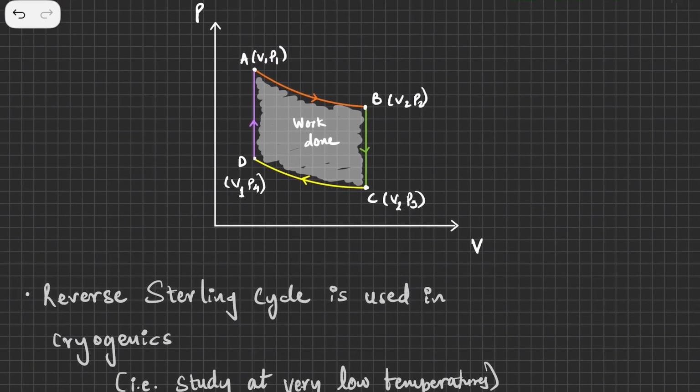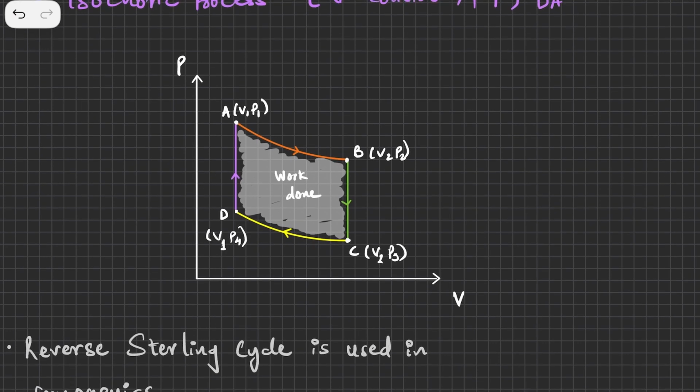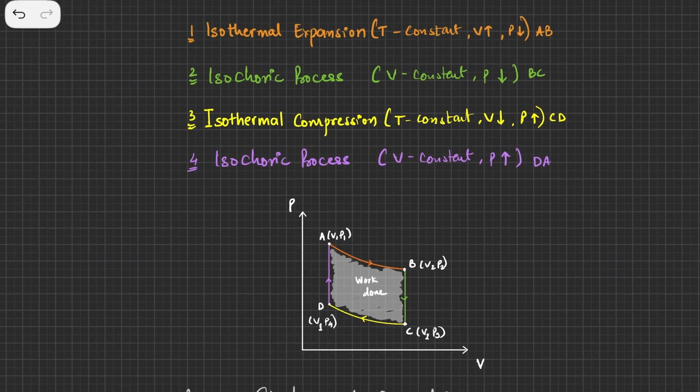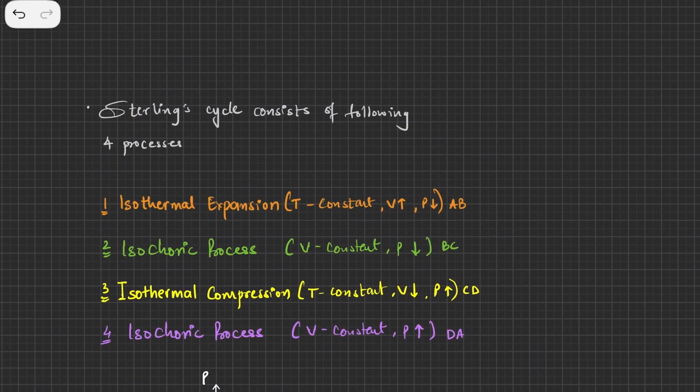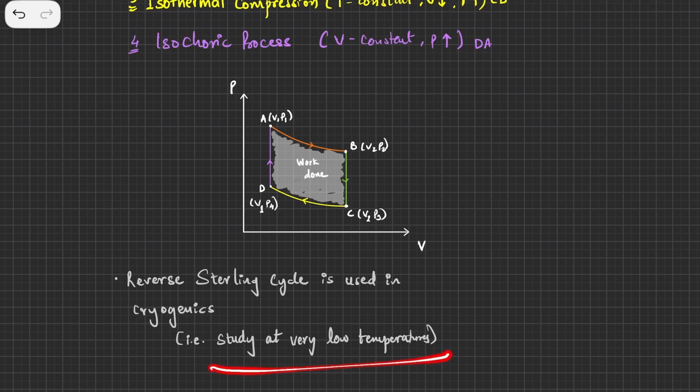If we wish to attain very low temperatures, near to 0 Kelvin, then we generally use the reverse Stirling cycle, because 0 Kelvin is never attainable. You can reach very near to 0 Kelvin but never exactly 0 Kelvin. That is what makes the Stirling cycle so special, that it is used in cryogenics.